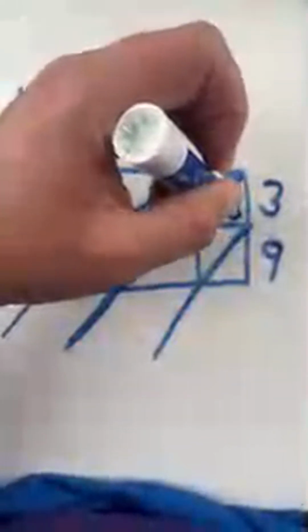So 2 times 3 equals 6. So we're going to put a 0 in the top triangle since there's no number in the tens place for our answer, and a 6 in the bottom triangle.